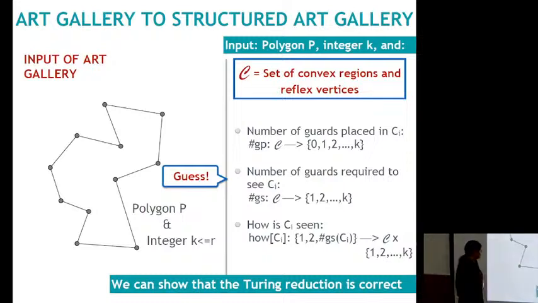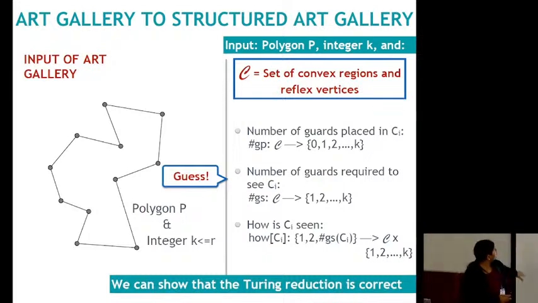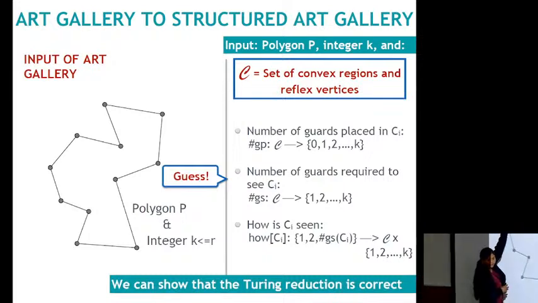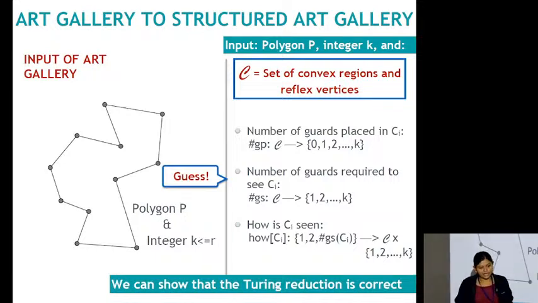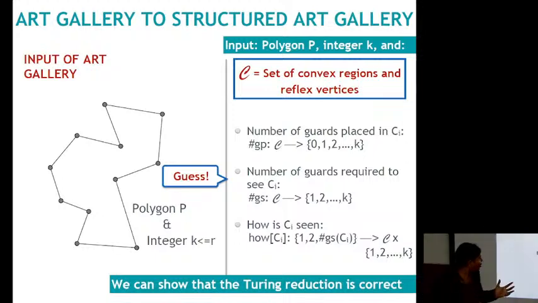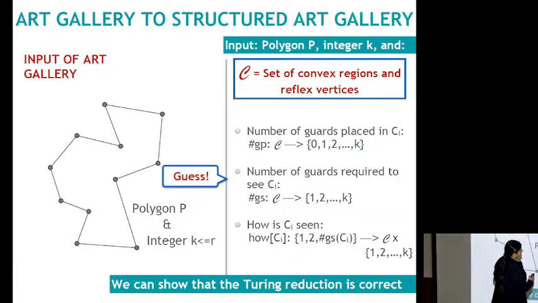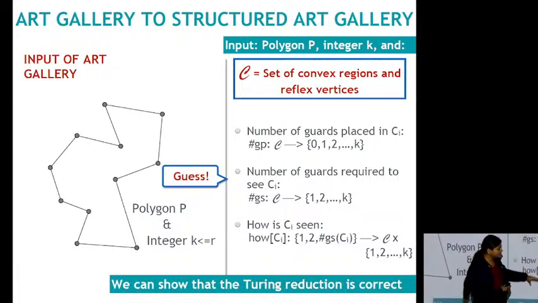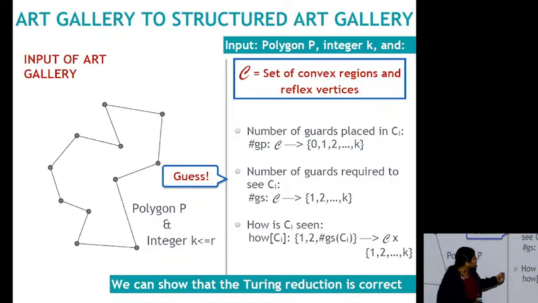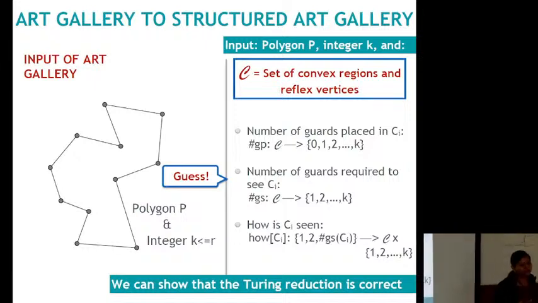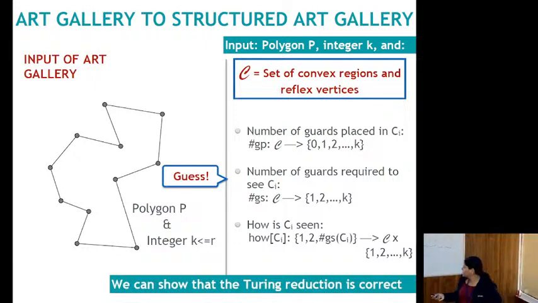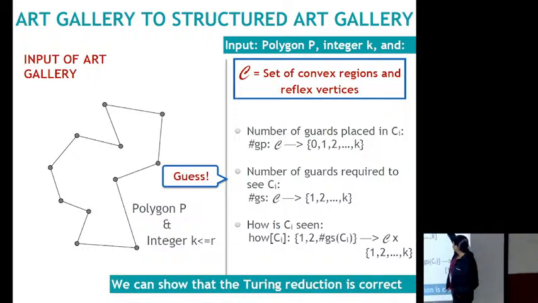So the point is, if you want to go from the vertex version of the art gallery to the structured version of the art gallery that we saw, all you need to do is guess or iterate over each choice of these functions. Notice that we have already argued the number of guards needed is at most the number of reflex vertices, so this number k is at most r.